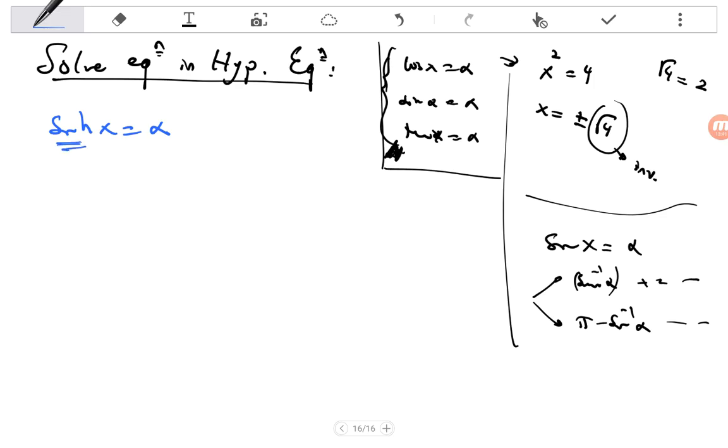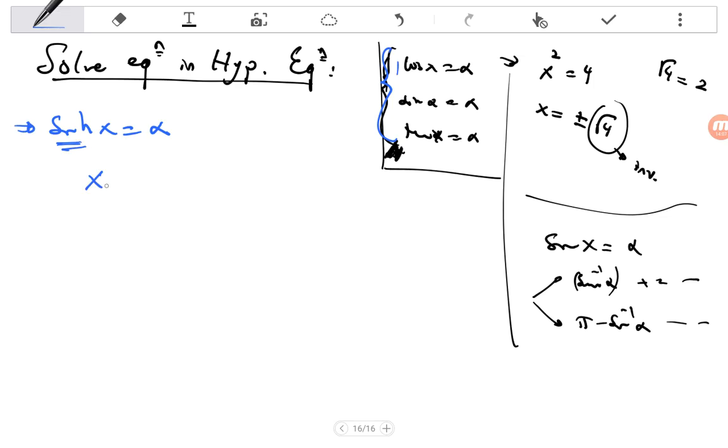Because sine x and tan x are one-to-one functions, so I have only one solution. The problem in trigonometric functions was that they were not one-to-one, they were periodic functions, so for a given equation I may have an infinite number of solutions. But for this equation I will just have one solution.